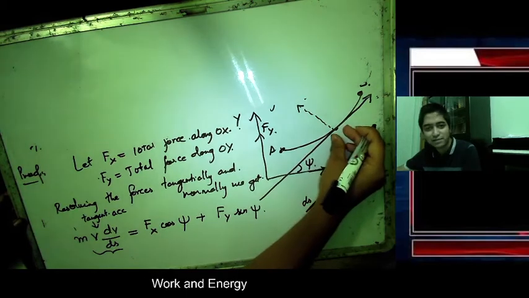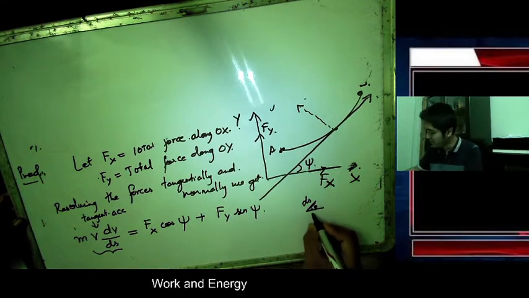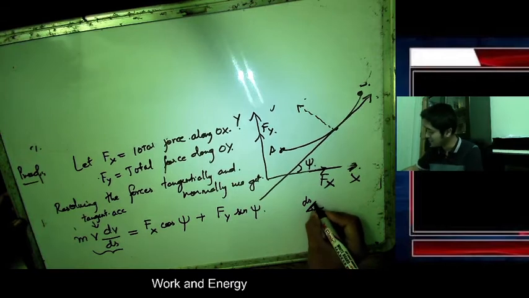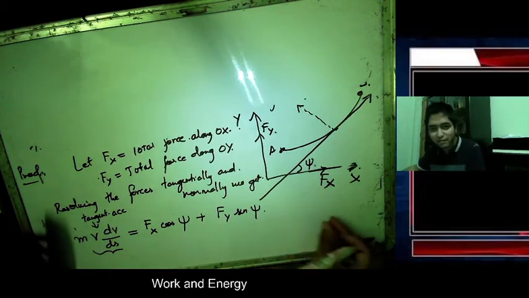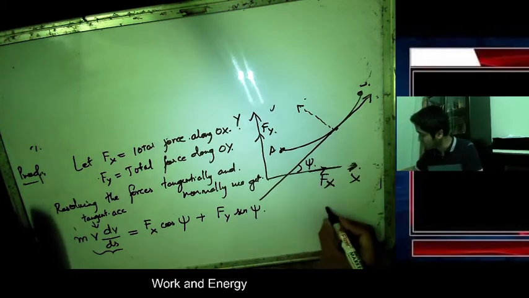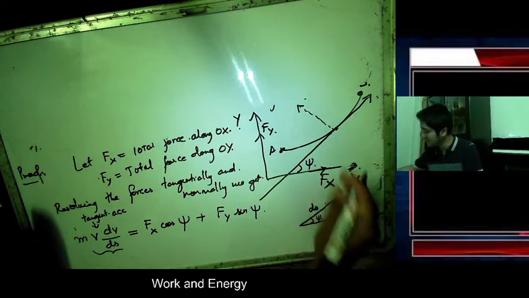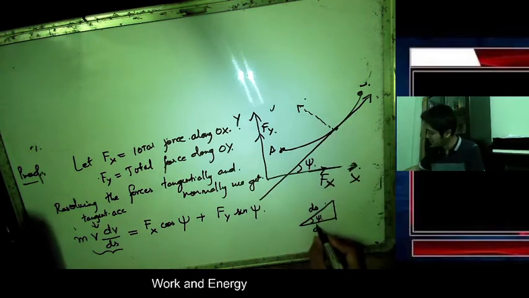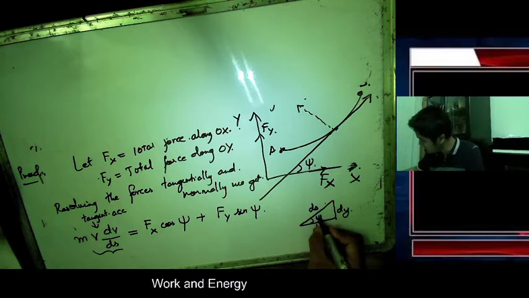Let us consider a very small length ds, so this angle will still be psi. The corresponding horizontal distance will be dx. Let me expand this figure, even though it's very small. We'll have psi, ds, dx, dy.